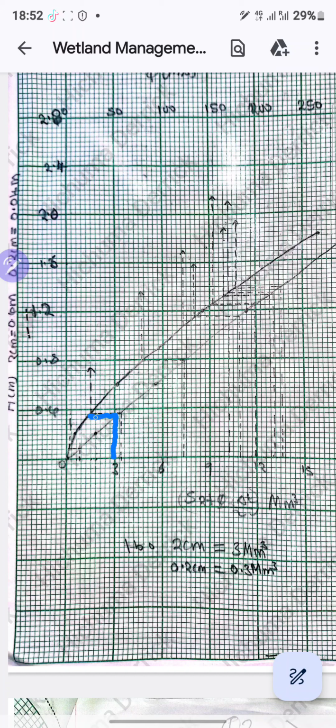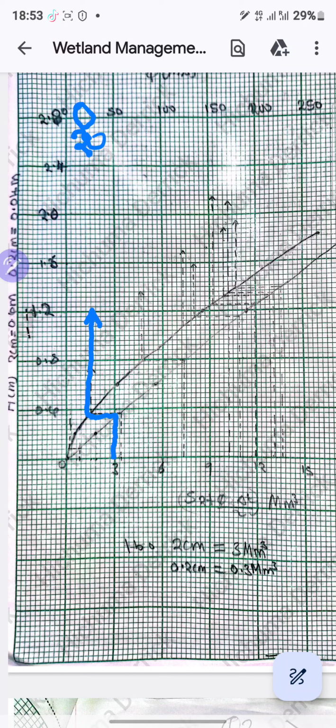Then when you do that, you move up, you look which value is this on the Q here, you read it. You read that value, that is your answer, and that is the value that you are going to put in there. So let's say, for example, this is 20 here.